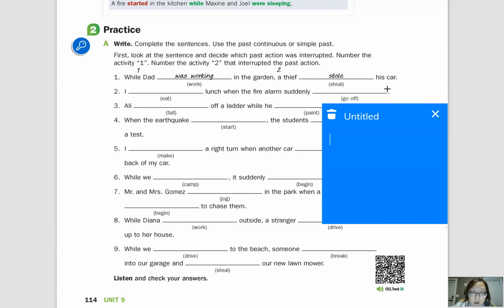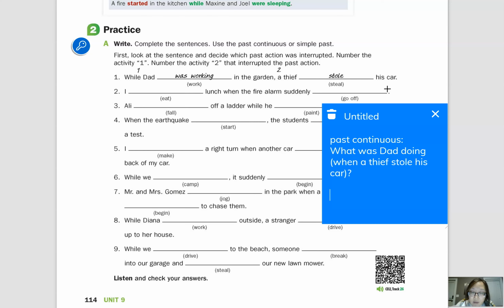Okay, so one question we can ask, I'm going to put past continuous. What was Dad doing when a thief stole his car? Okay, so as you can see, this question is for the past continuous, and this is the adverb clause, when a thief stole his car.